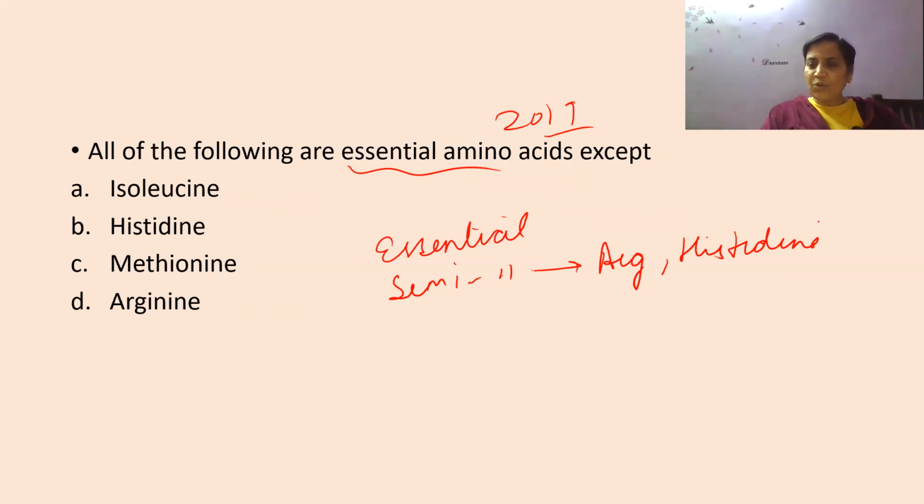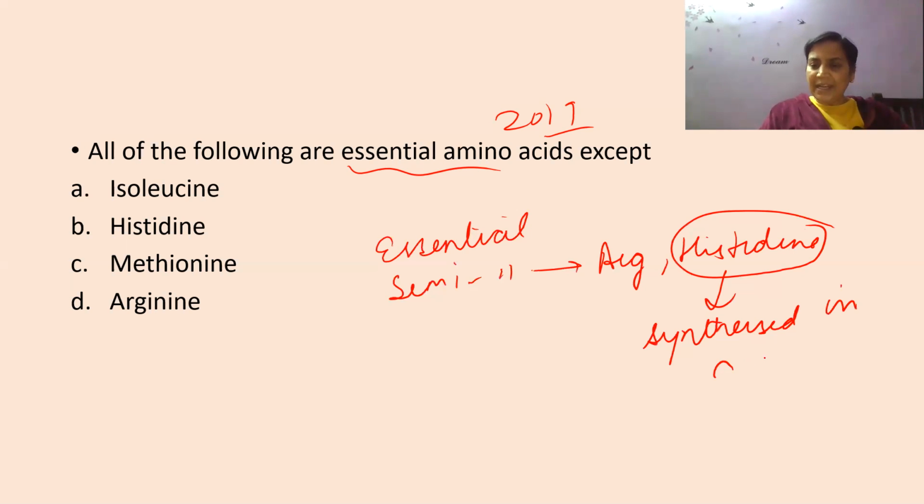But out of these 2, histidine can be synthesized in adults. So if histidine can be synthesized in adults, it cannot be called an essential amino acid. So all of the following are essential amino acids except, the answer would be what? Arginine, which is a semi-essential or conditionally essential amino acid.